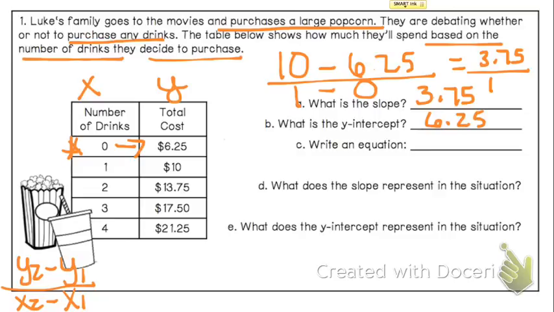Because if I were to plot this point, it would lie on the y-axis, 6.25. So my equation is going to be y equals 3.75x plus 6.25.